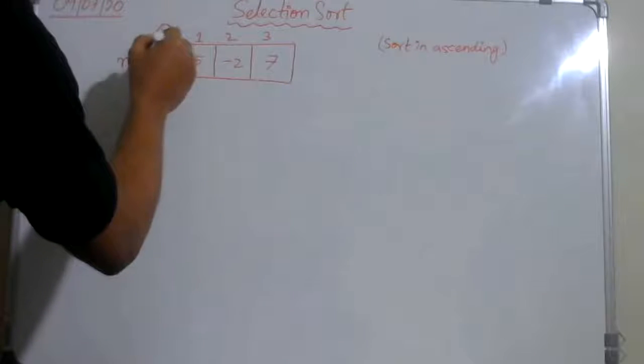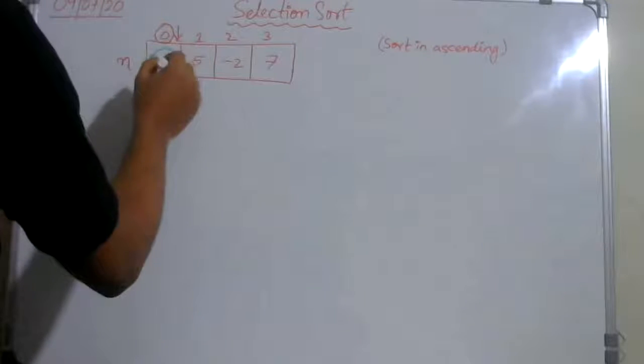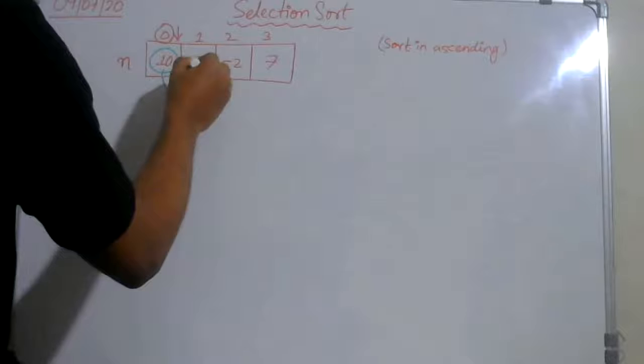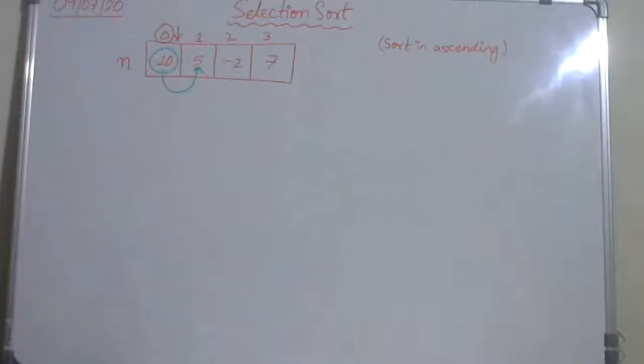So we select 10 and we compare it with the very next element in the array. Since we are arranging in ascending order, if the present element is larger than the element to which it is being compared, we'll do a swap. We'll just interchange the values.